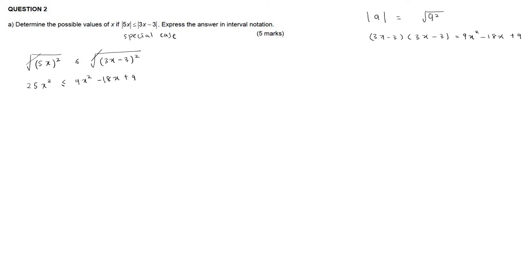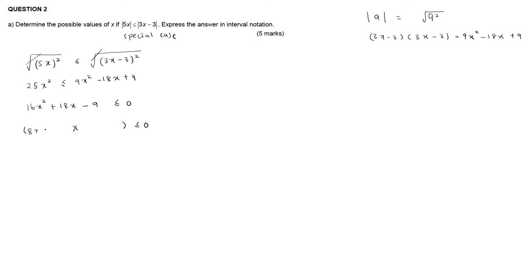And then let's bring everything to the left and simplify. So 25x squared minus 9x squared is 16x squared plus 18x minus 9 less than or equal to 0. What we have here is a quadratic inequality, because the highest power of x is 2. Proceed to factorize the quadratic.